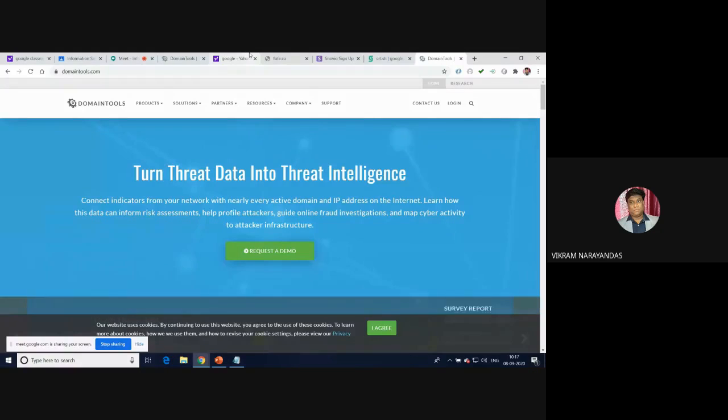If you want to check how many people are registered for a specific website, when they got registered, what is the server IP address, and that information as well as subdomain information will be provided by Whois with the help of domaintools.com here.